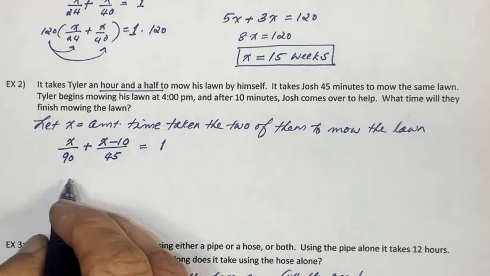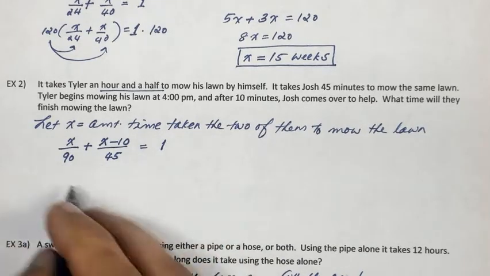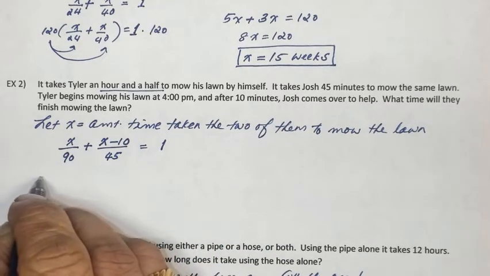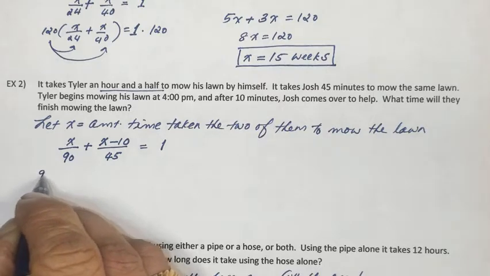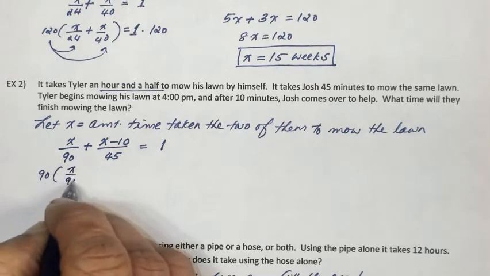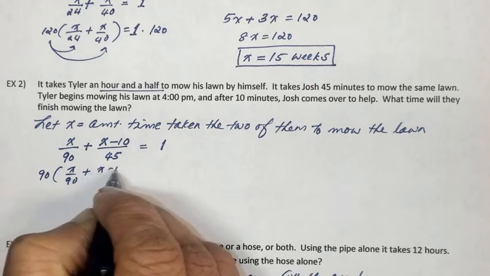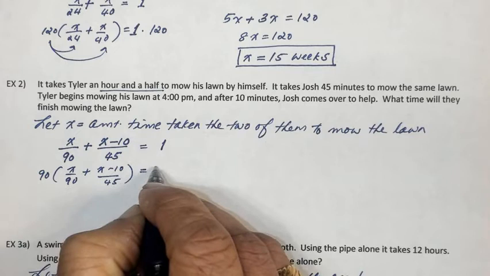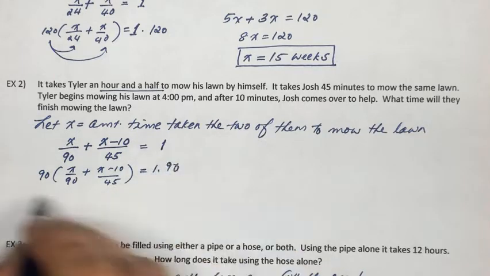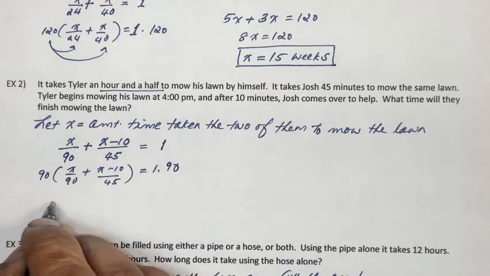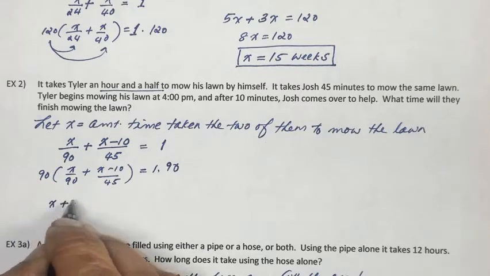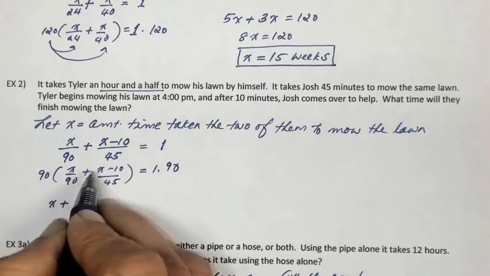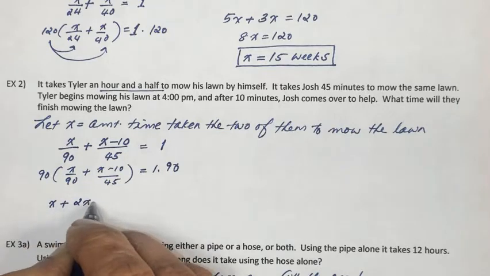Okay, so for 90 and 45, the common denominator is going to be 90. So multiply both sides by 90. So x over 90 plus x minus 10 over 45 is equal to 1 times 90. So when you do the math, 45 goes into 90 twice. 2 times x is 2x, 2 times 10 is 20.